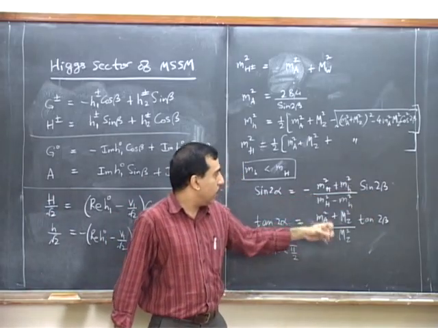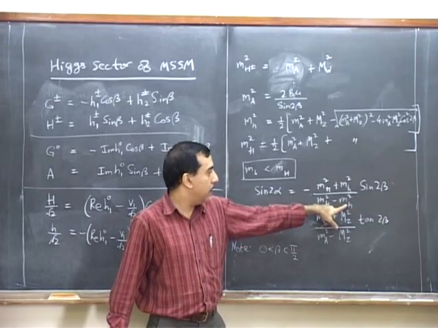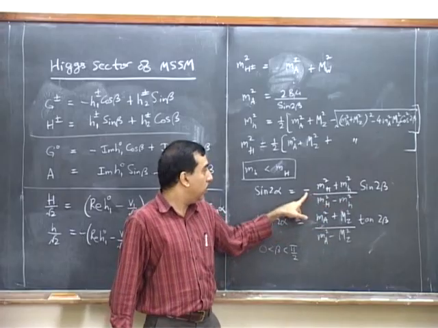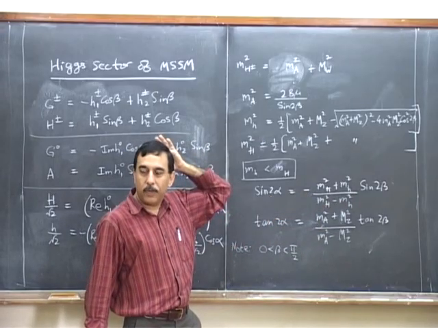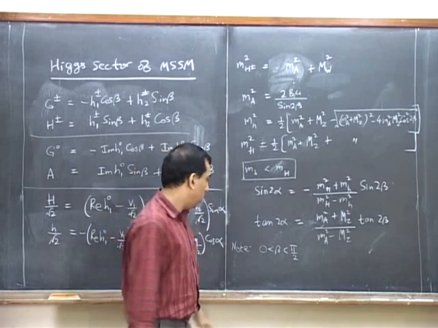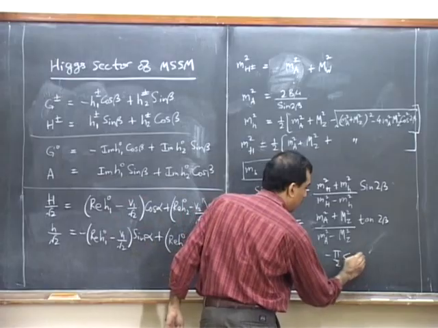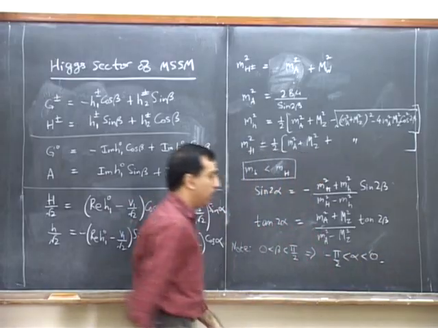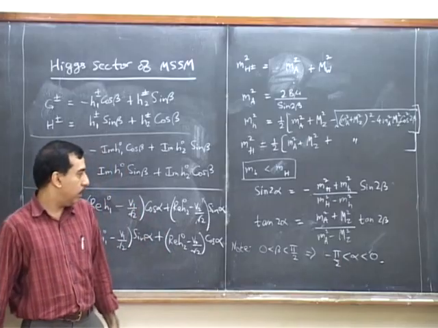This numerator is positive. The denominator is also positive because remember capital H is the heavier of these two. So the whole thing is negative. So sine of 2 alpha is negative. That means 2 alpha goes from minus pi to 0, which finally means that alpha goes from minus pi by 2 to 0. So alpha, you have to remember, is a negative angle between minus pi by 2 and 0.